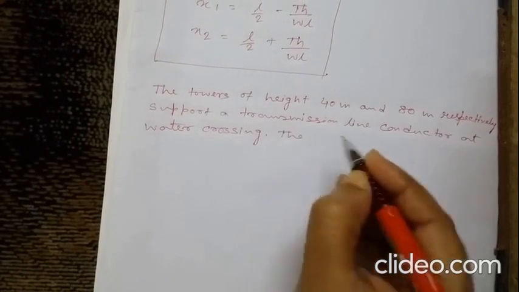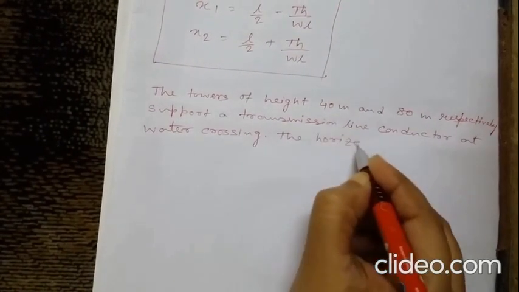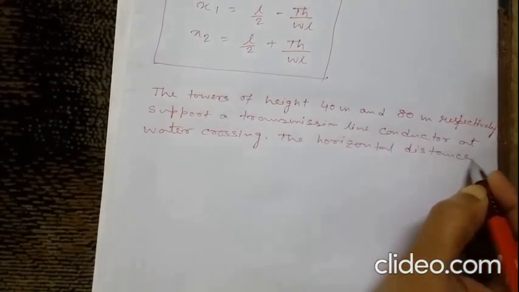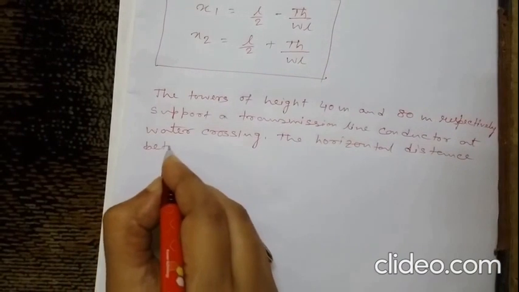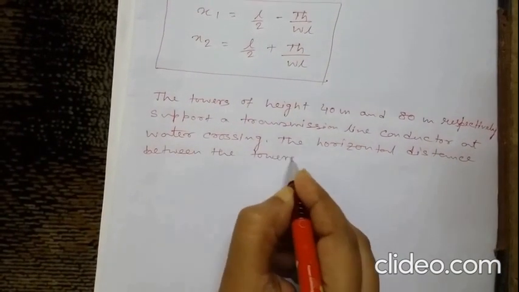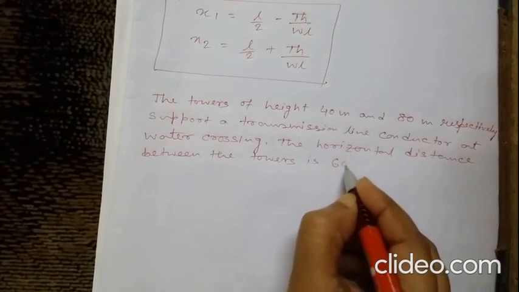The horizontal distance between the towers is 600 meters.